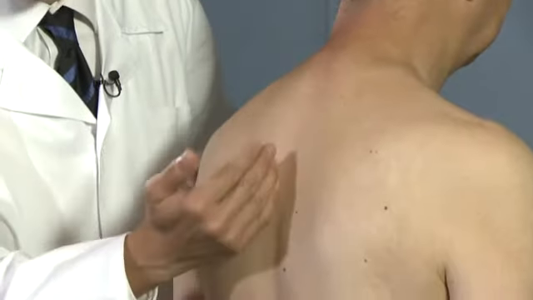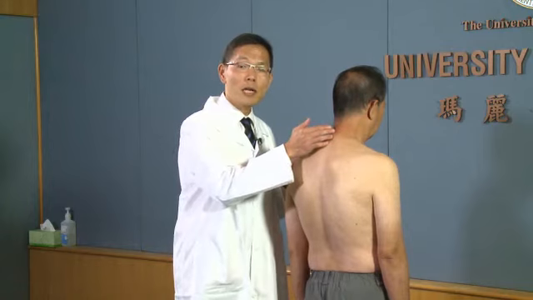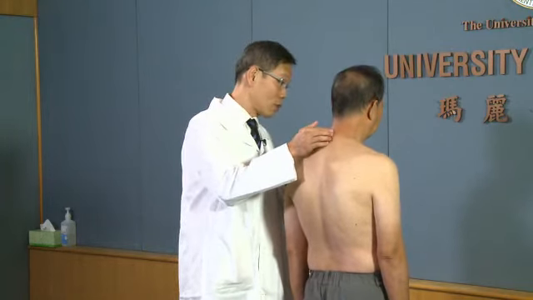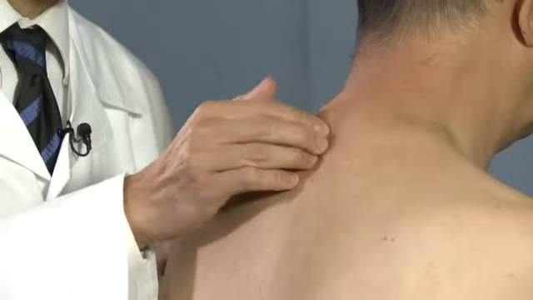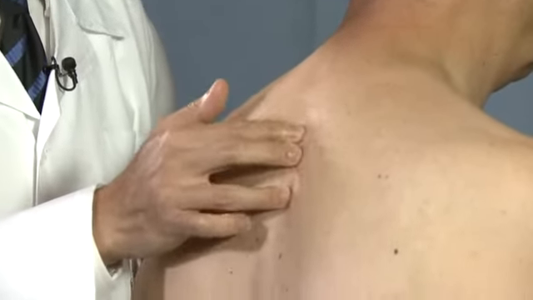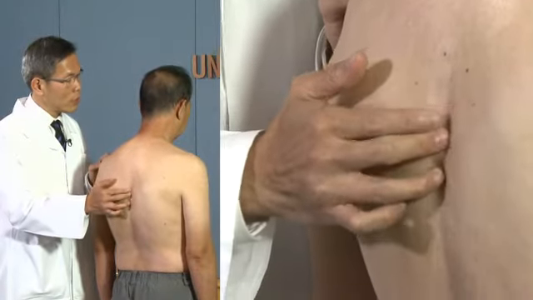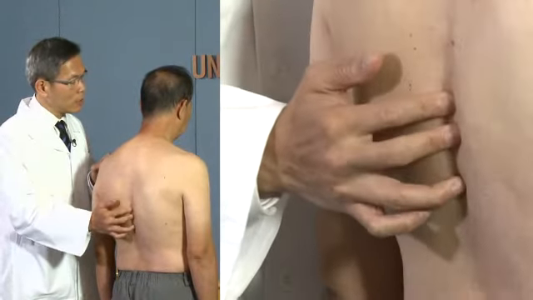Note that this patient's spine does not deviate at all. Then we proceed to find out whether there is any tenderness involving the spinous processes. Noting the patient's face while moving your fingers down the patient's spine.